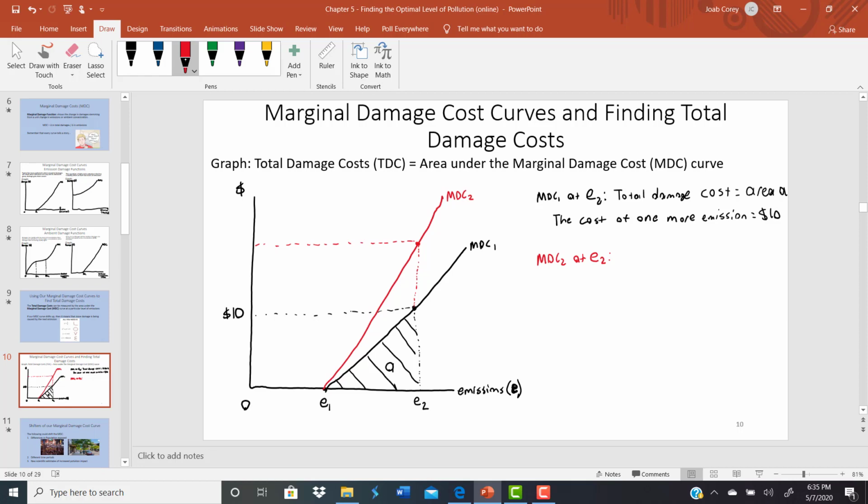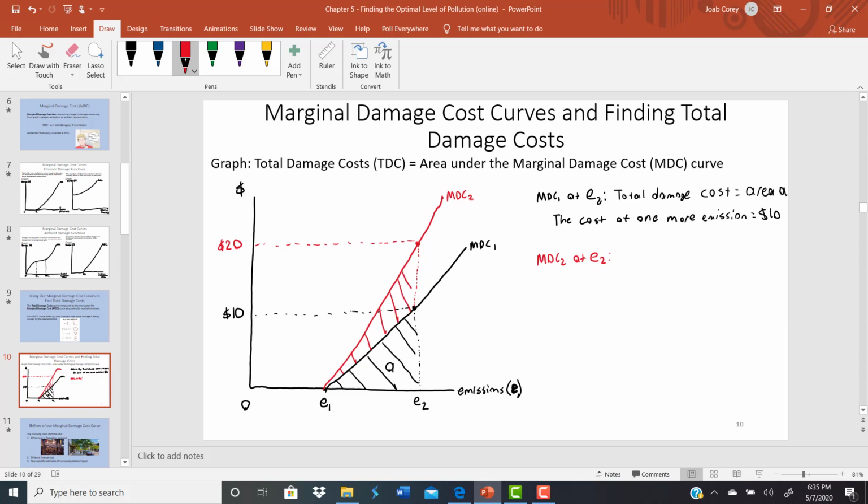Let's say that I give that to you here as 20. Right. So again, the cost of one more emission when we're at E2 when we're operating on the MDC2 curve is $20. And not only that, but it's also going to affect the total damage cost, right? That's also going to include this area here, in addition to our original area.